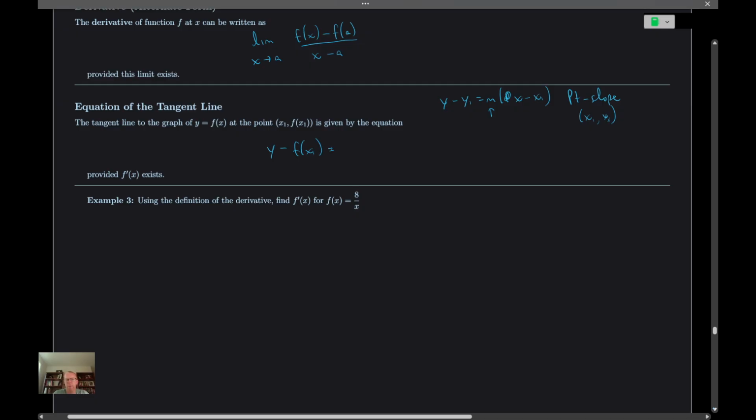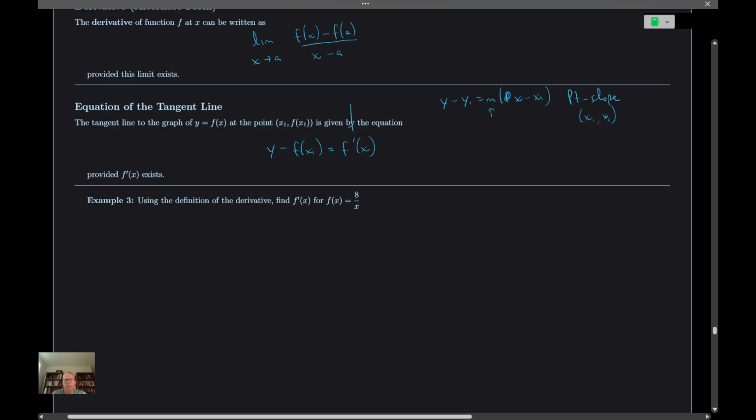Now, what is the slope? We don't write it as a slope because generally when you use this form, you're talking about a linear function, but this is any function, and we're talking about the tangent line around that function. So when we talk about slope with curves, we talk in terms of the derivative. So f prime of x.